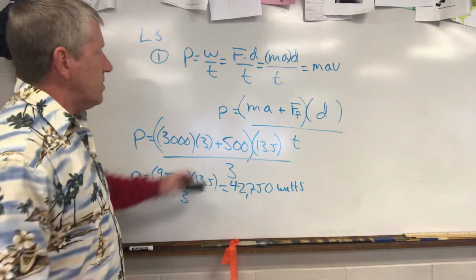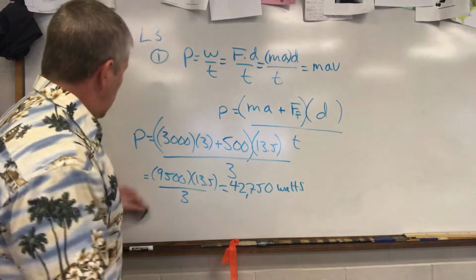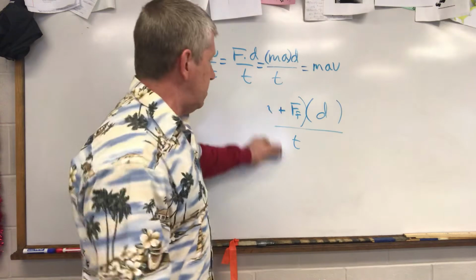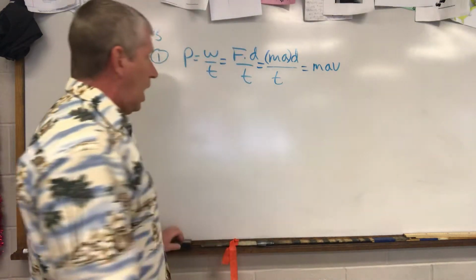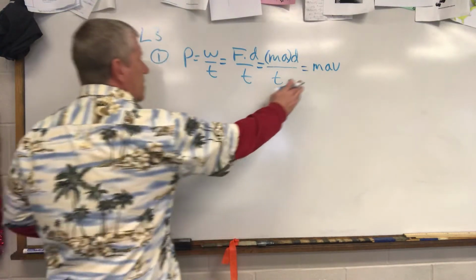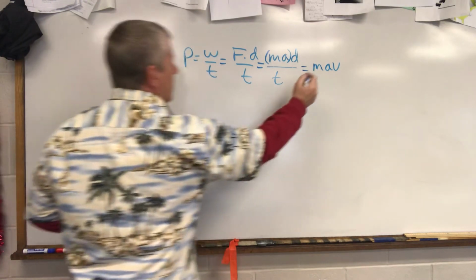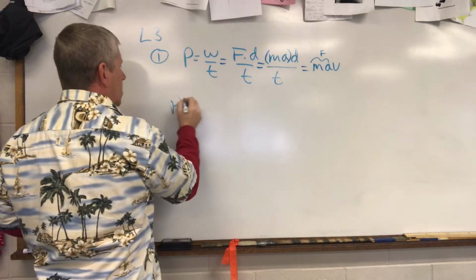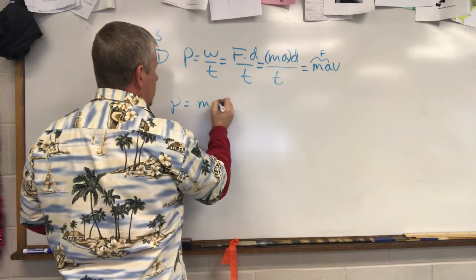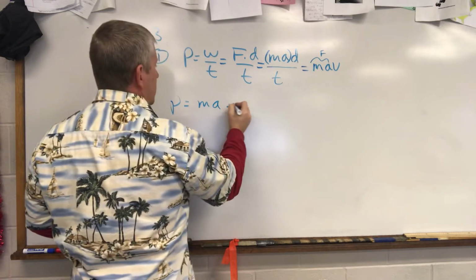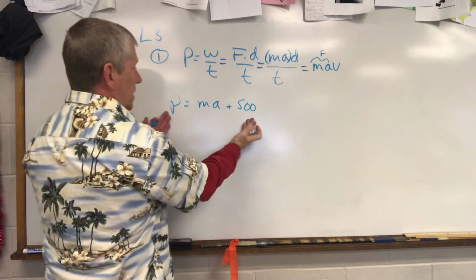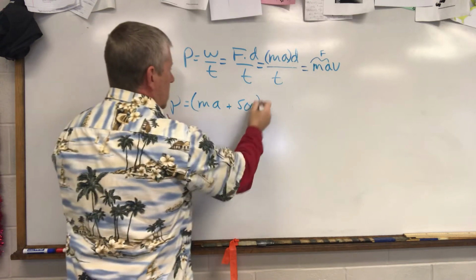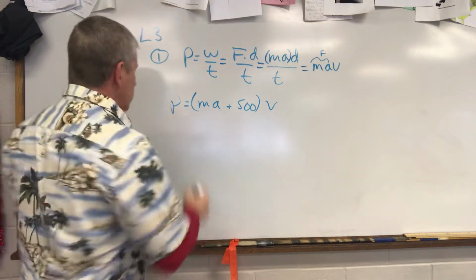Now, go back to this equation back here. We can use this equation to solve the problem. Some of you might be saying, well, why didn't you do that? I mean, it looks easier. Okay, let's go back to doing this. Remember, this is force. So power equals mass times acceleration plus, you still have to add the 500 newtons to overcome the friction, the power to overcome the friction and the power to accelerate the vehicle, times V. Okay, let's go ahead and do it.